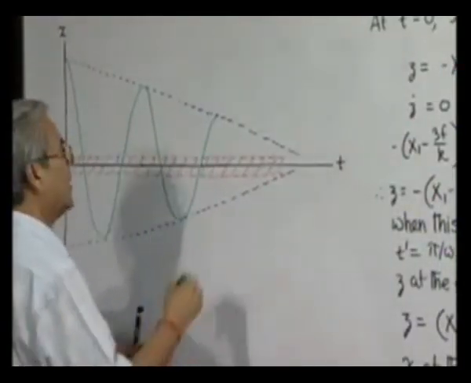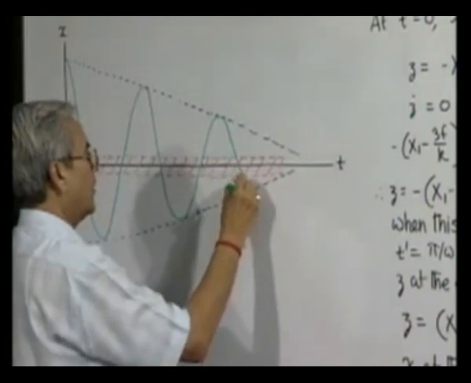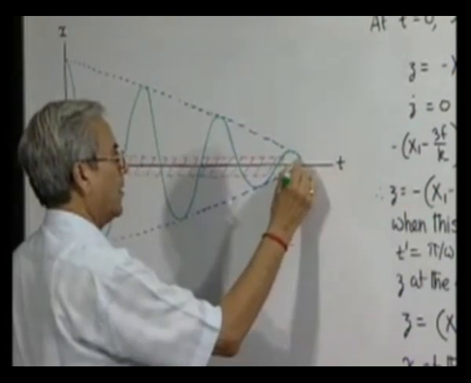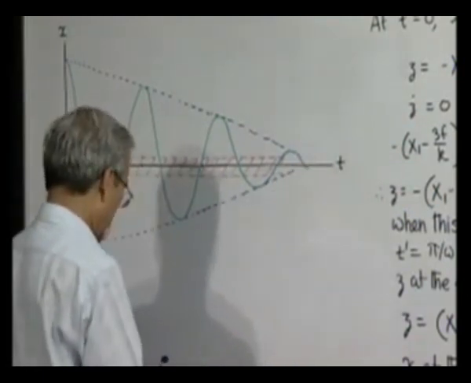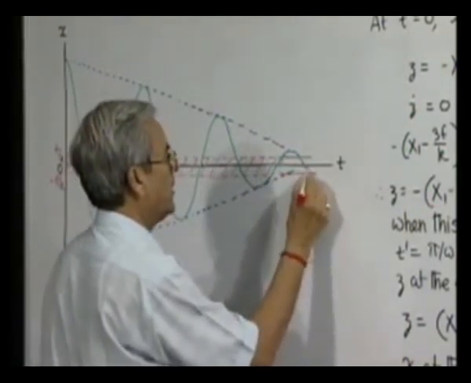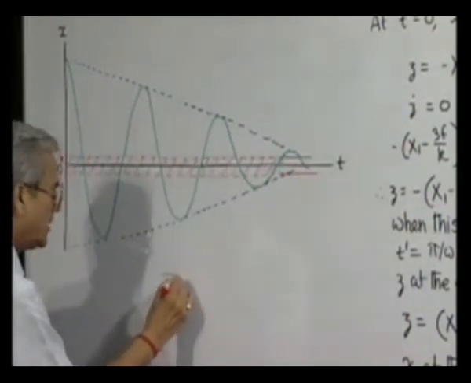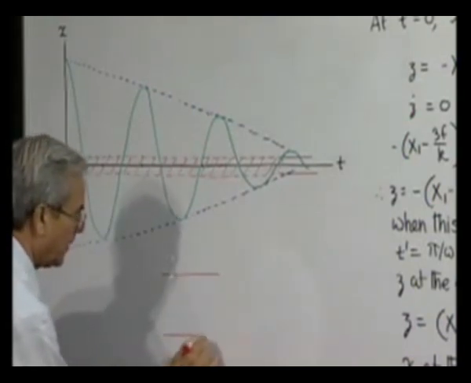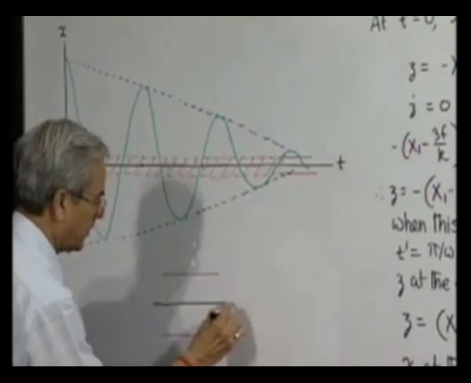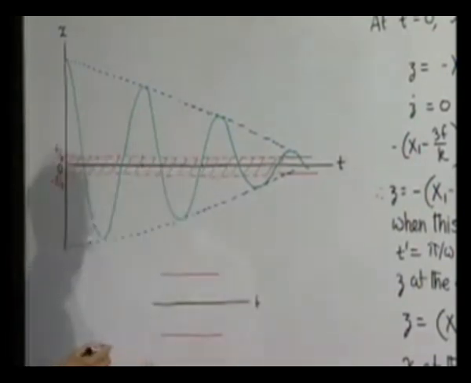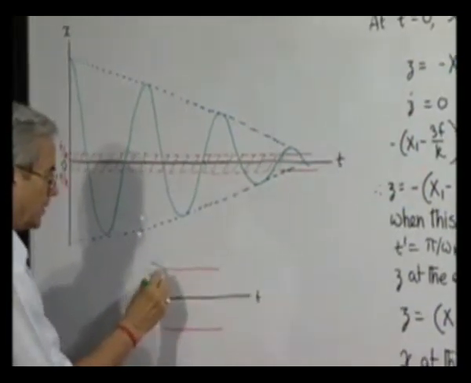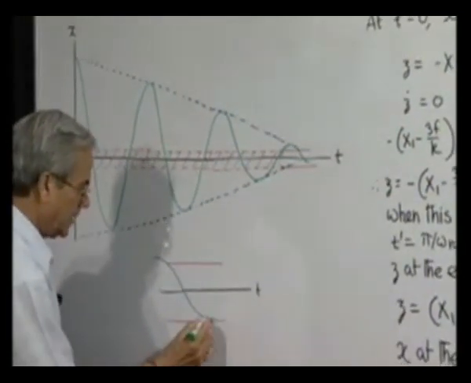So what happens, I will show it in a magnified way, that as soon as the mass or the block stops somewhere in this region, say it came like this, and say it stopped here.